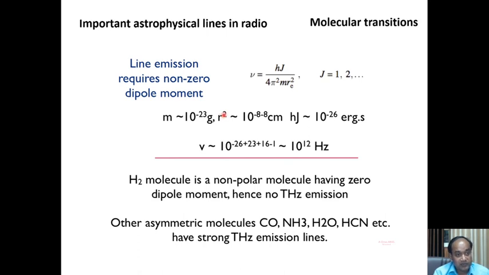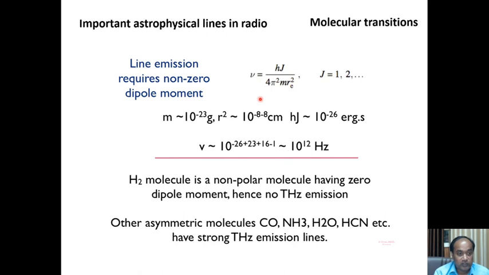Another aspect of doing radio astronomy, basically radio spectroscopy, is the molecular transition. I'm sure some of you might have read about this in your classes: certain molecules have a non-zero dipole moment, and depending on how much dipole moment they have, you can get rotational and vibrational transitions.